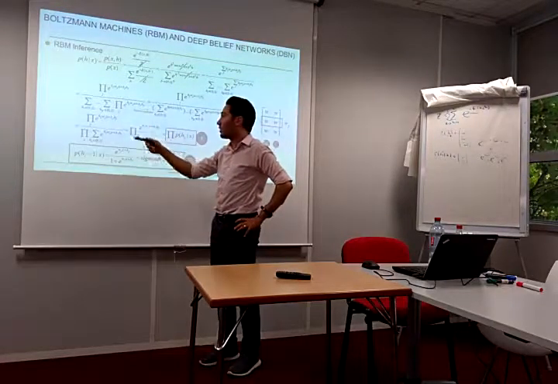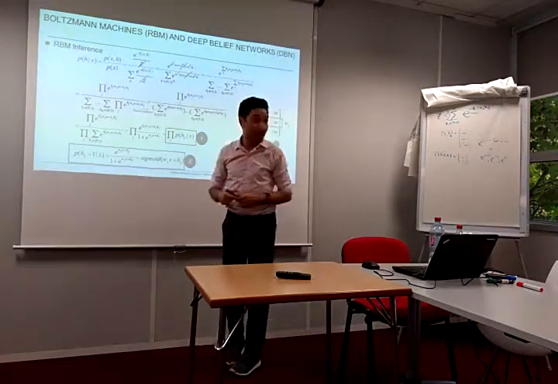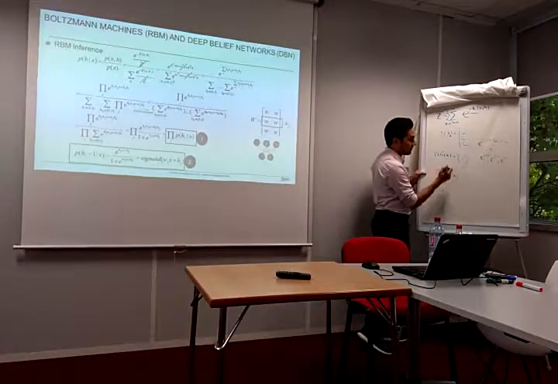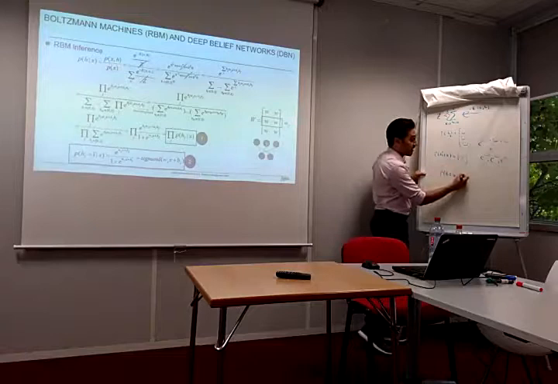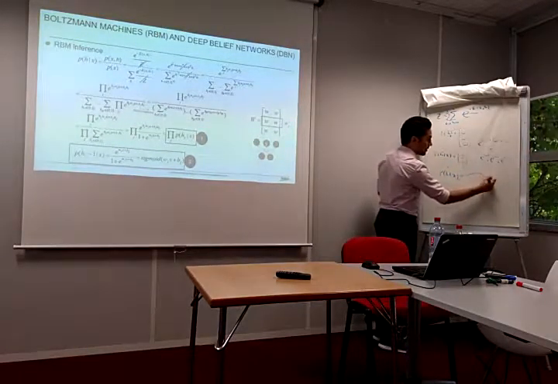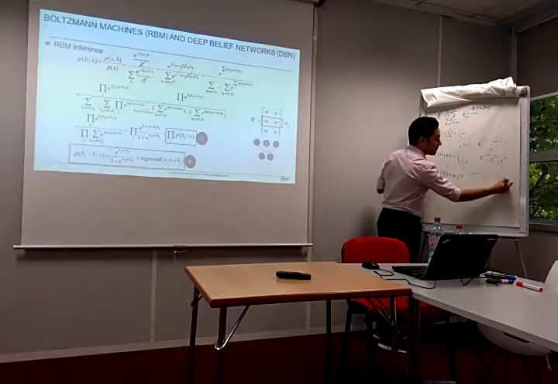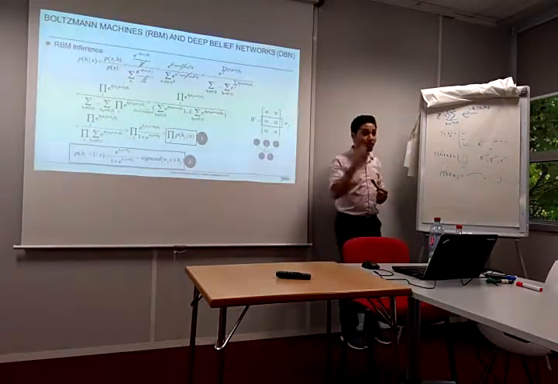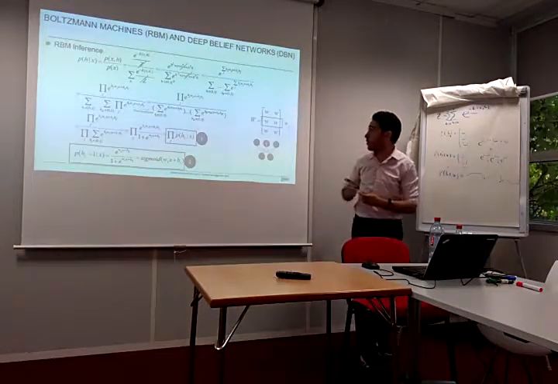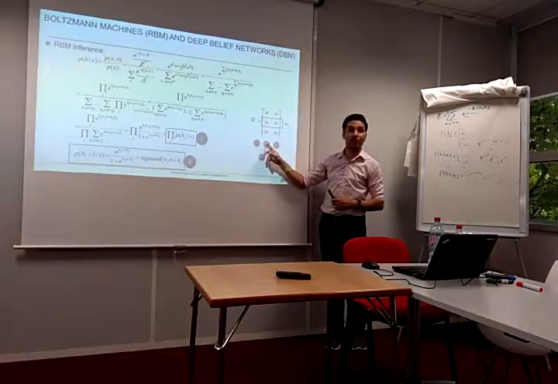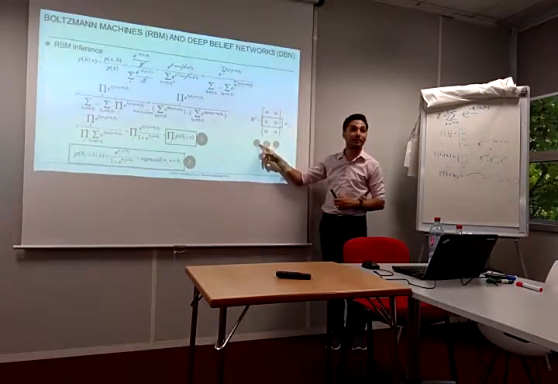It seems that we have p of h given x, h here is 3 elements, equal to some term multiplied by some term multiplied by another term, which means that we already know that this neuron is not connected with this, so they should be independent.